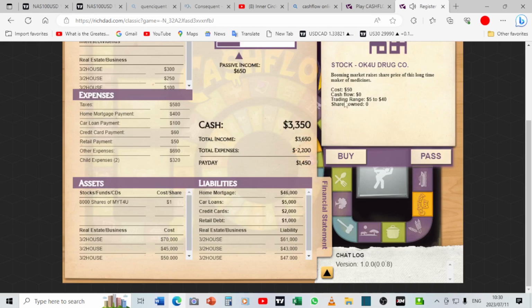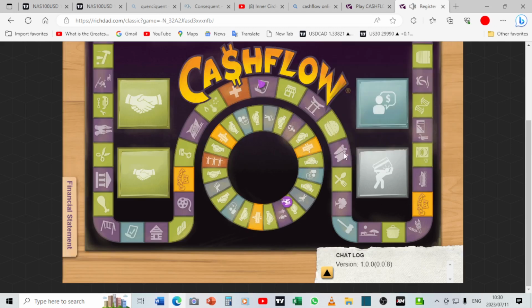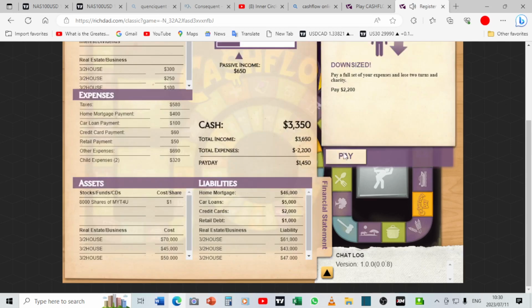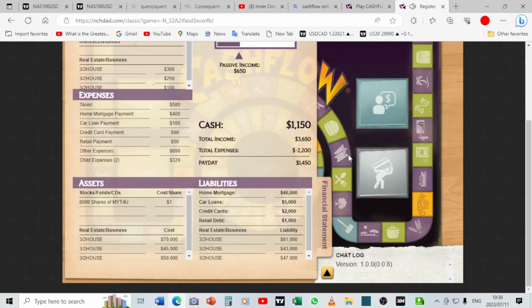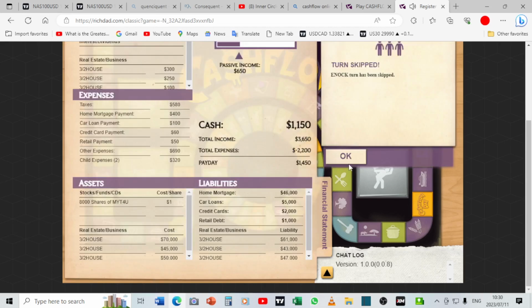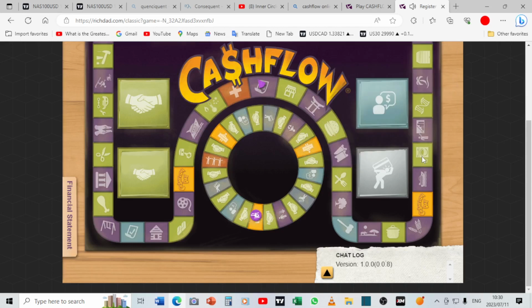Okay, cash flow trading range from 5 to 40. I have to pay tax. Okay, I can still live with that.